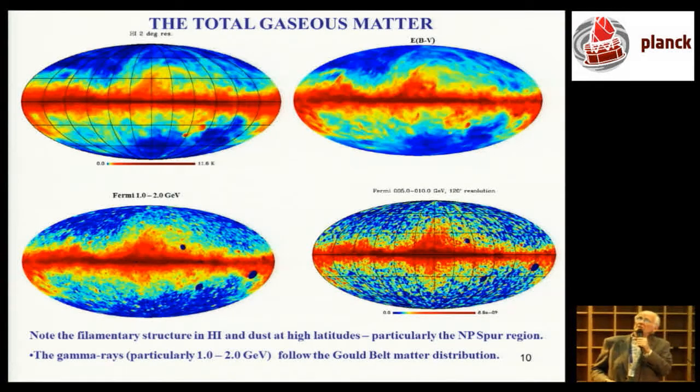Now, then we have what you might call the total gaseous matter, and although this is not a part of what you'll get from Planck, it is related, as we saw before. These loops in hydrogen, for example, follow the outside of that north polar spur, and you'll see it in the dust absorption.